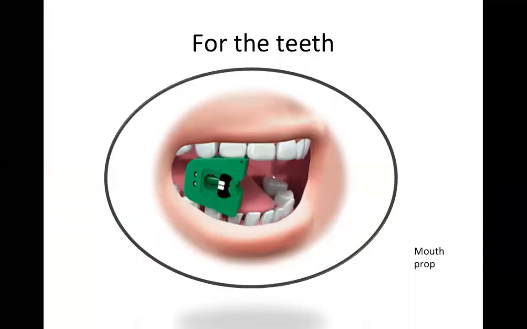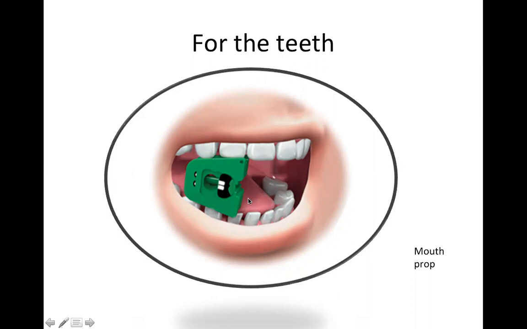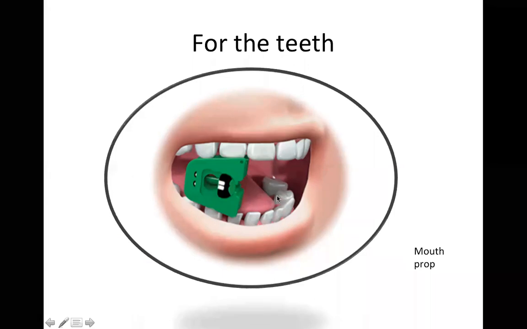And for the teeth, obviously, the mouth prop. The mouth prop is usually a mouth opener, so that if the child cannot close his mouth when the mouth prop is in. This is a kind of lock you fix in between the teeth, and the child cannot close his mouth. This is very important. If you don't put the mouth prop in, and at any time during the work the child closes his mouth while you are working with your handpiece or any sharp instrument, that can damage anything around: the tongue, the buccal cheek, the lips, the soft palate, the hard palate, and the floor of the mouth.